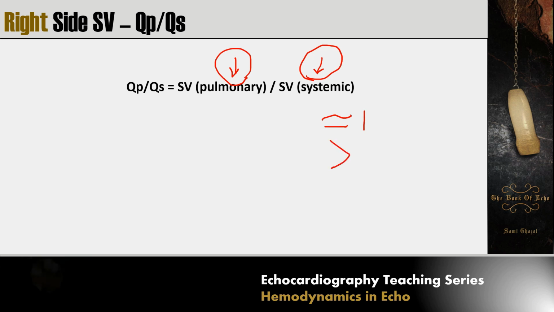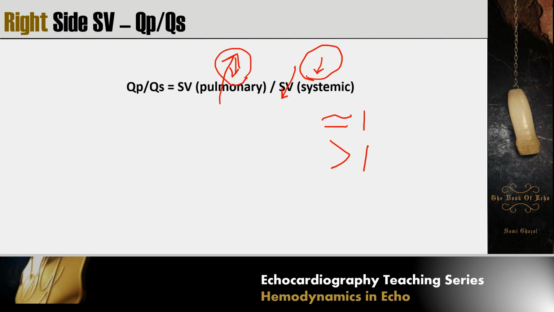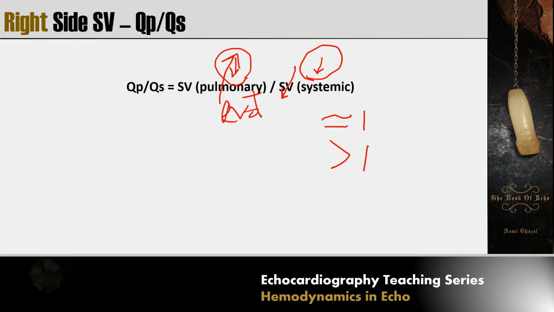If it is more than 1, it means that the stroke volume from the pulmonary side is higher than the stroke volume from the systemic side, or the LV stroke volume. This is how we calculate it, the RVOT stroke volume as shown previously divided by the LVOT stroke volume.